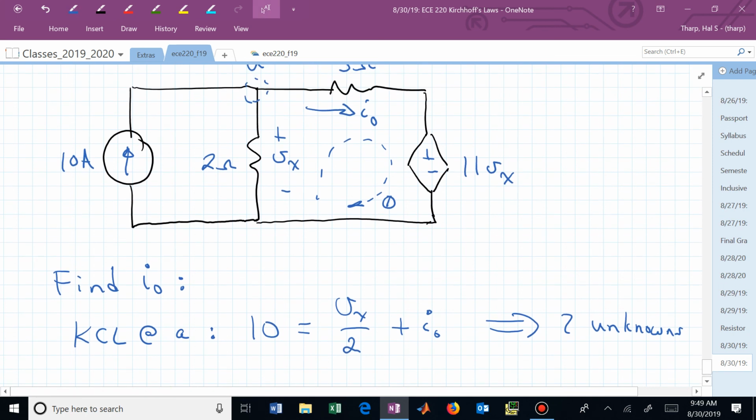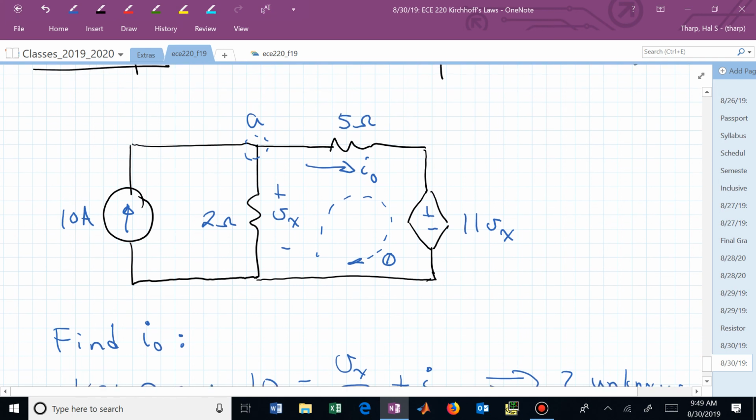And what will that give us? Well, we'll just say minus V sub x plus, let's now use Ohm's law, from left to right through that 5 ohm, that's going to be 5 I sub 0 plus 11 V sub x equals 0.